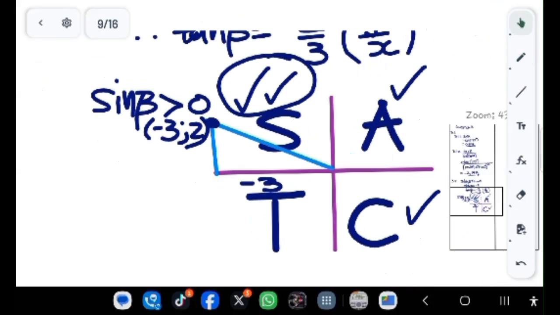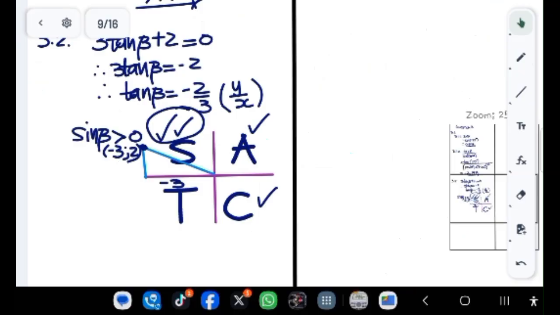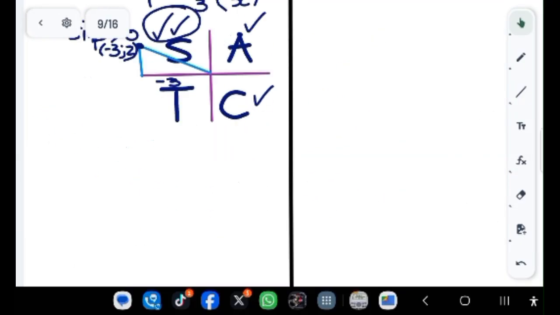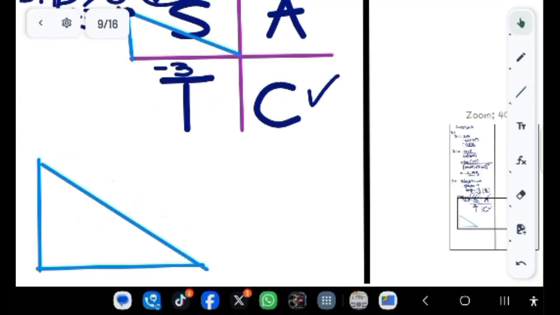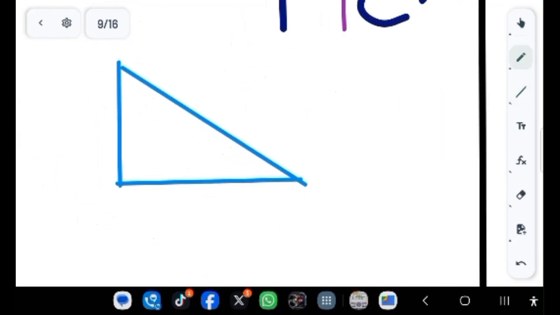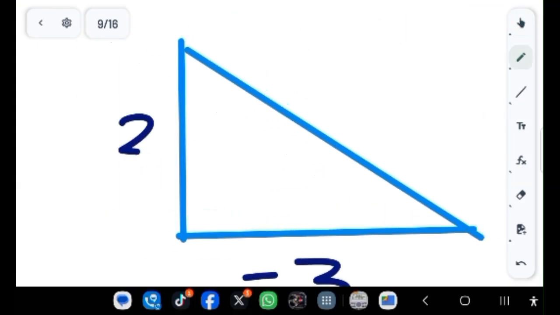Okay, let's draw this triangle in a bigger way. The x coordinate is negative 3, the y coordinate is positive 2.